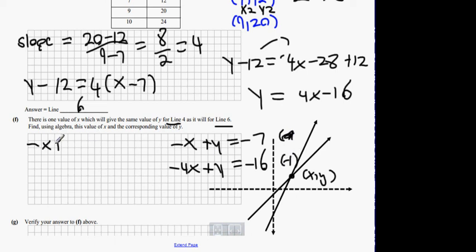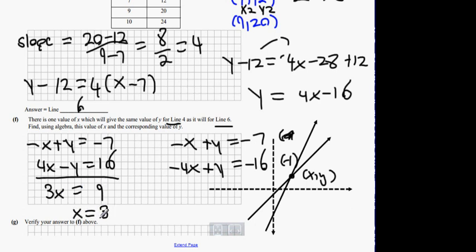So I'm going to get minus x plus y equals minus 7. And then we're going to get 4x minus y equals 16. Now what do we get? 3x equals 9. x therefore has to be equal to 3.